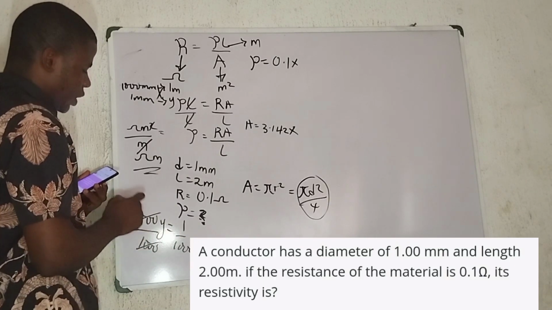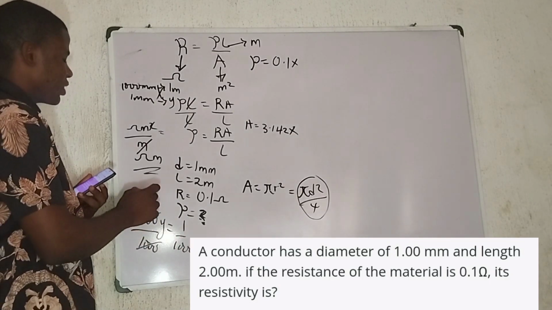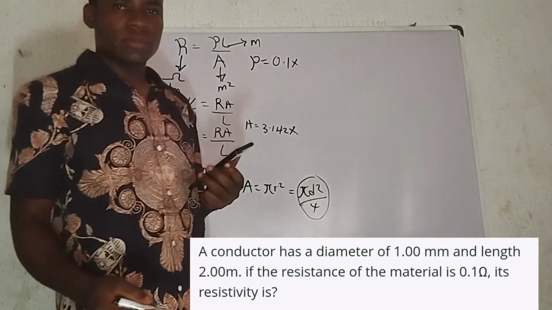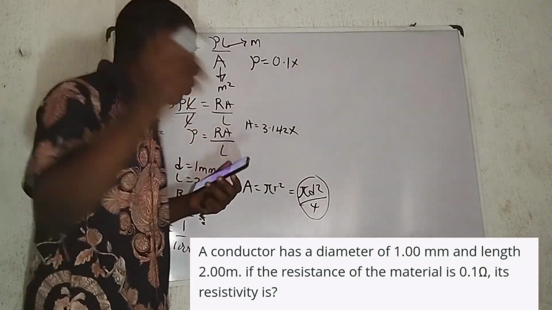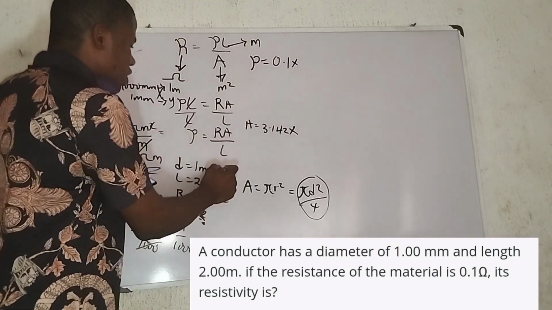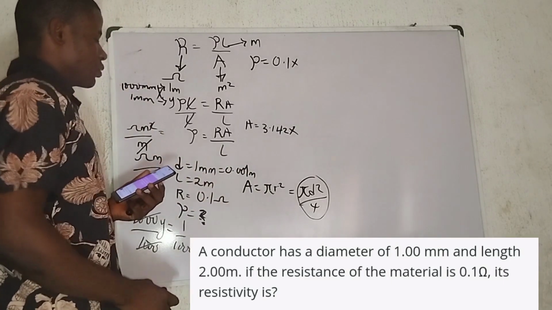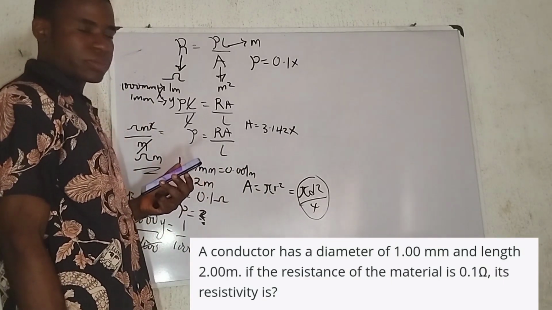Cancel, cancel. Now, you have that y is equal to 1 over 1,000, which is the same as 1 times 10 raised to the power minus 3, or 0.001. So the diameter they gave us in the question is 0.001 meter. Don't solve with millimeter, or else you fail the question.